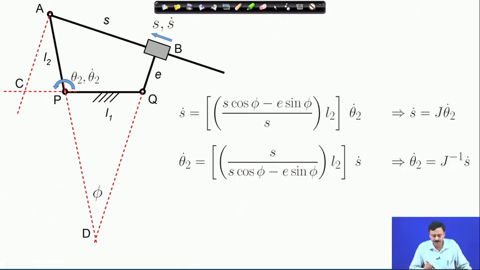So, therefore, we have these two relations. Now, in the second relation I have inverted. So, this is the Jacobian and this is the Jacobian inverse, which is 1 over the Jacobian.